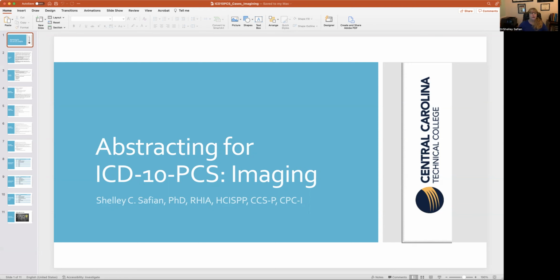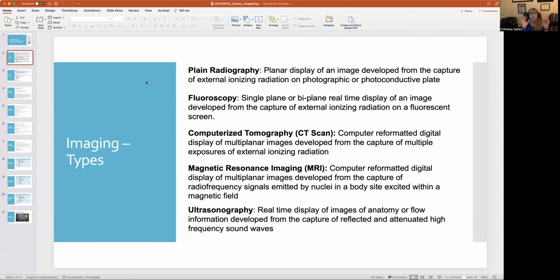Are you ready? First, we're going to start out with very important definitions, if you will, of imaging types. Now, some of these, you know what you know. And remember, you don't have to know how plain radiography works because you are not prescribing it.